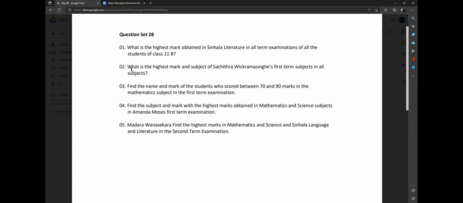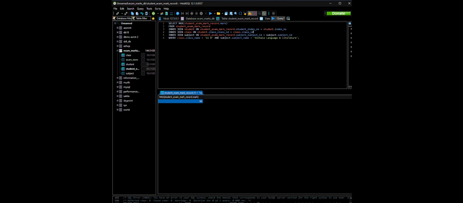Second question: what is the highest mark and subject of Sachitra Vikramasinghe's first term subjects in all the subjects? Alright, let's answer this question. For our second question, we need to find Sachitra Vikramasinghe's highest marks from all the first term subjects. We don't need his class, we need to join in the exam table.